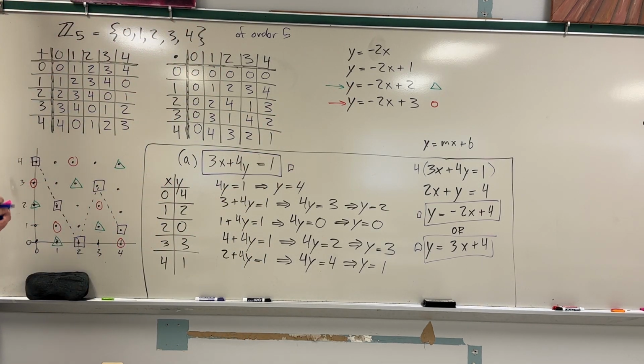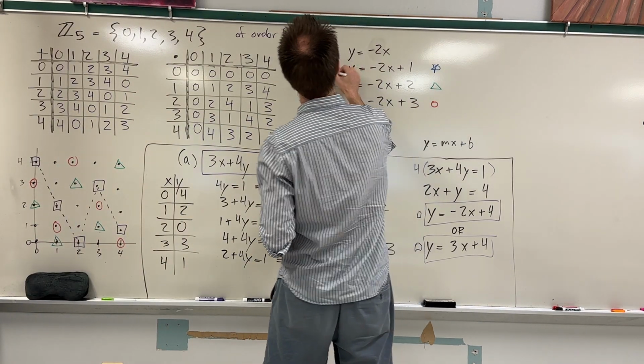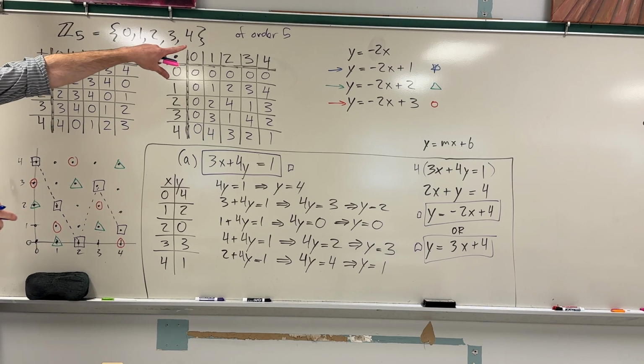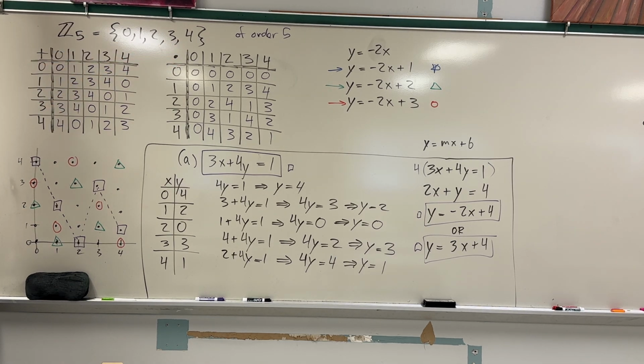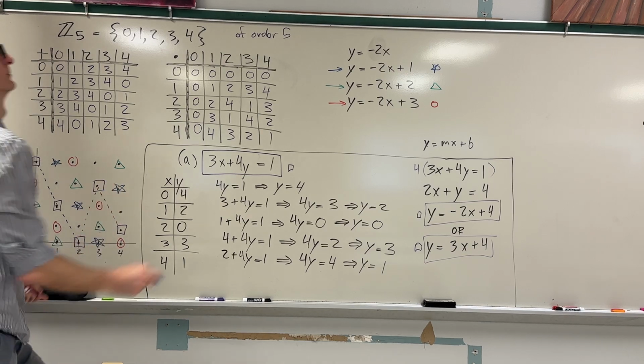Okay, 2 more. I will use the blue star symbol to refer to the line y equals negative 2x plus 1. That's the line with slope negative 2, but y-intercept 1. I go up 1, 2, 3, down negative 2, negative 2, and up 3.